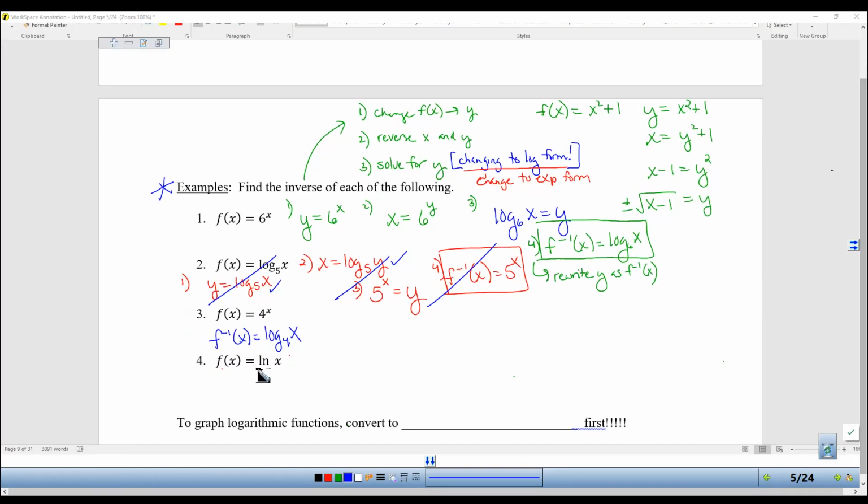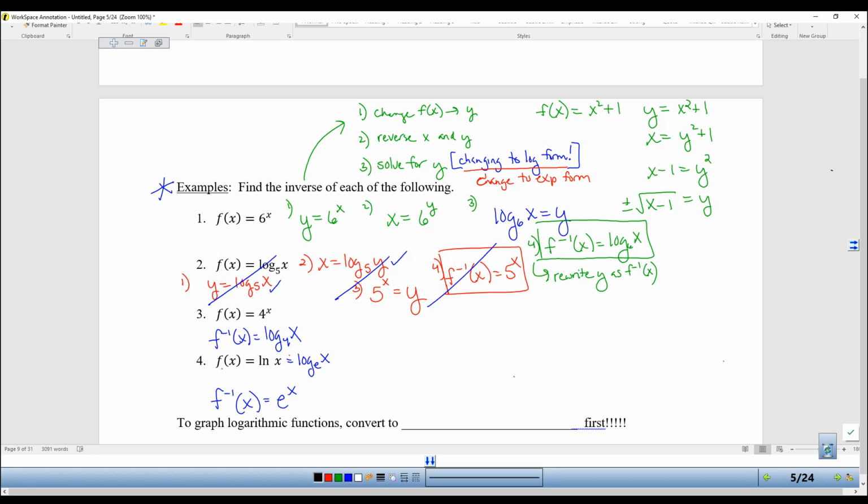It is a little bit trickier with natural log, but if you think of this as log base e, remember, nobody ever says this. This way of writing it, natural log of x, is how people write it. But in your head, you should be thinking that's base e. So the inverse of the natural log of x is just e to the x.